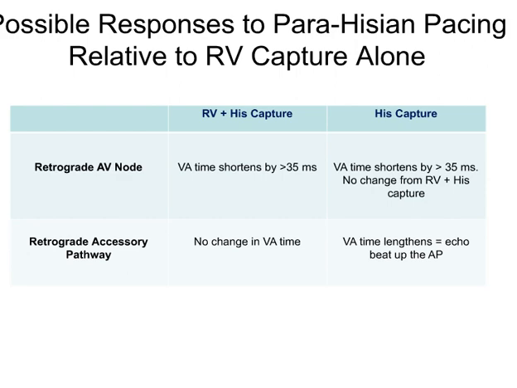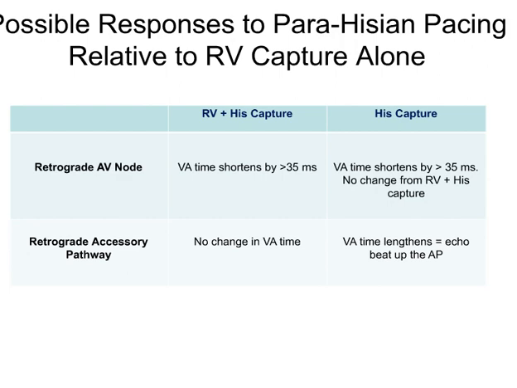We see a narrower QRS on the surface, and you expect the VA time to shorten because by capturing the His, you no longer have to go all the way around through the His-Purkinje system to get there. When you get His capture alone, you don't see any change in the VA time from RV plus His capture when you have AV nodal conduction, because again, the AV node doesn't care whether you captured the RV or not.